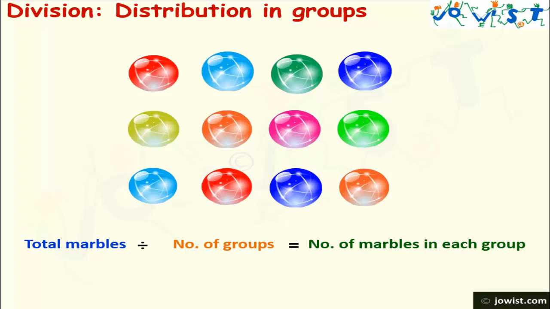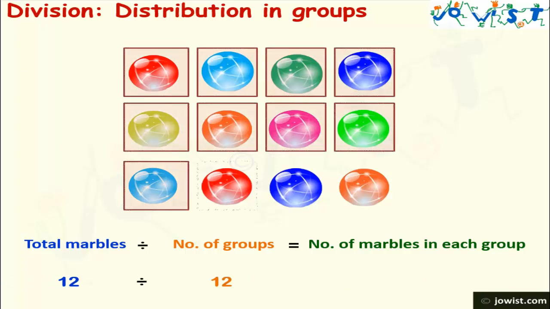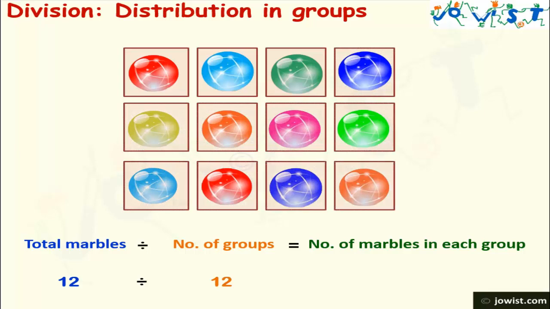Here we write it as 12 divided by 12 is, yes, 1. And what does this mean? It means we have 12 groups of 1 marble each.